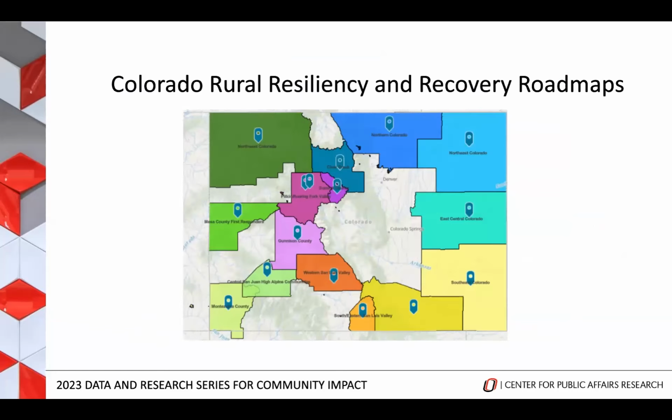The first is a statewide rural economic resilience planning program, the Colorado Rural Resiliency and Recovery Roadmaps program, which is comprised of 16 regional teams made up of over 100 rural communities. The second program I primarily engage with is a statewide comprehensive economic development strategy, the development thereof. And alongside that, I engage in other research, interagency projects, and assistance to rural economic developers.